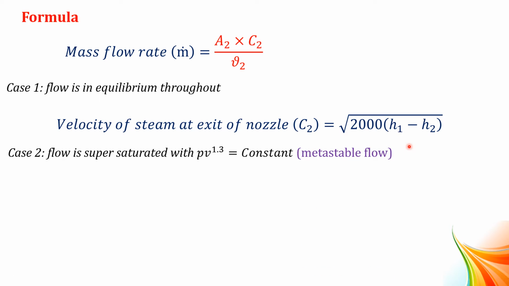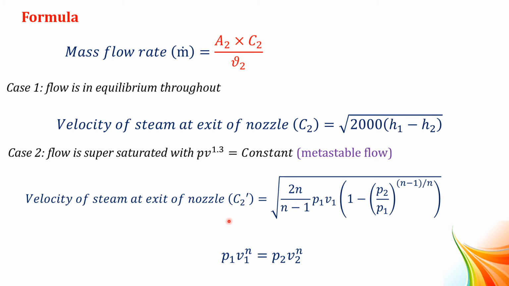If the flow is supersaturated with PV power 1.3 equal to constant, then the relationship between pressure and volume is P1 V1 power n equal to P2 V2 power n, and the velocity of steam at the exit of the nozzle C2 dash equal to square root of 2n divided by n minus 1 P1 V1 into 1 minus P2 by P1 the whole power n minus 1 by n. Now we can solve this problem by using steam tables.